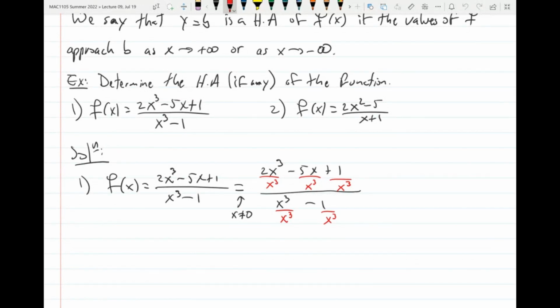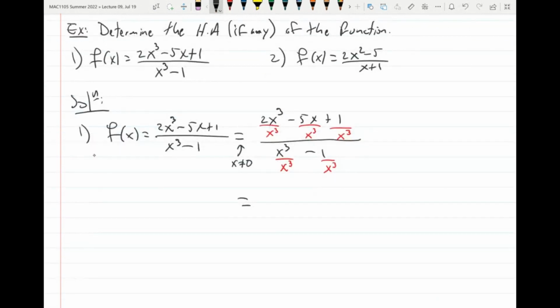So when x is very big in the positive or negative direction, those terms will go to 0. So we have (2 minus 5 over x squared plus 1 over x cubed) divided by (1 minus 1 over x cubed).